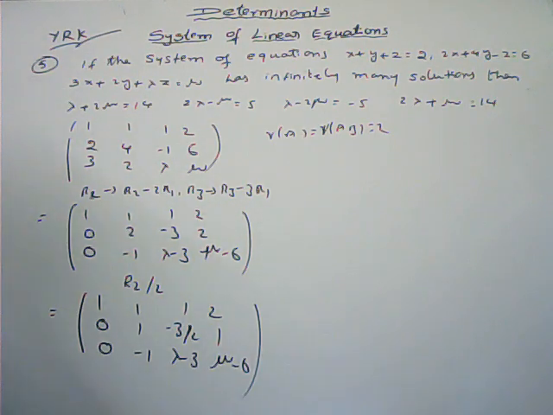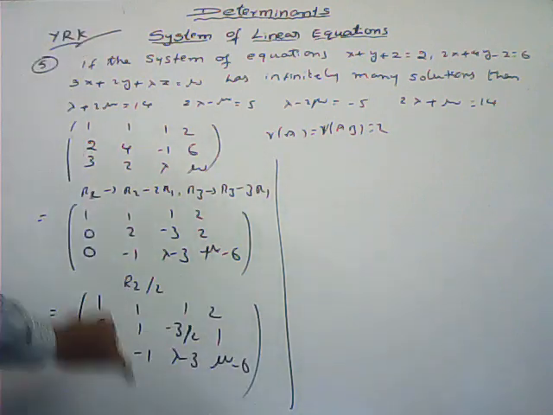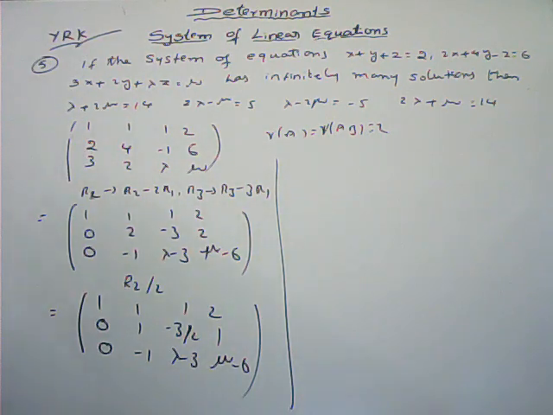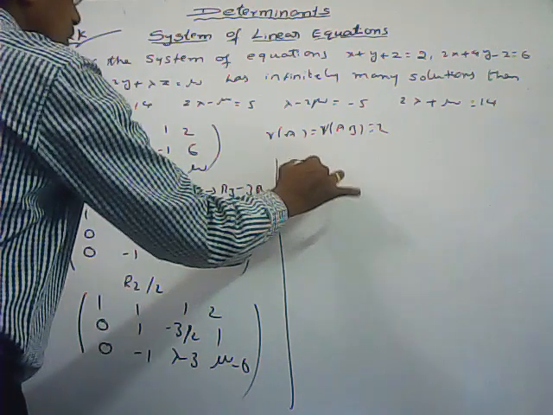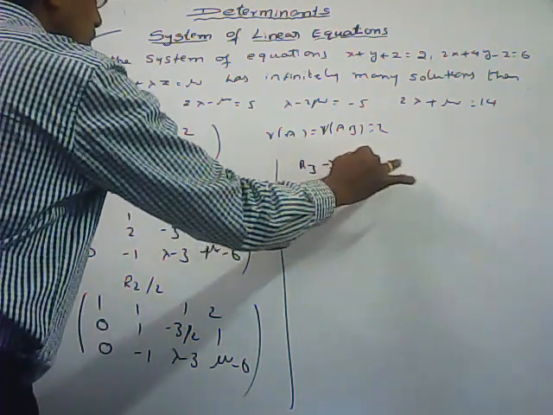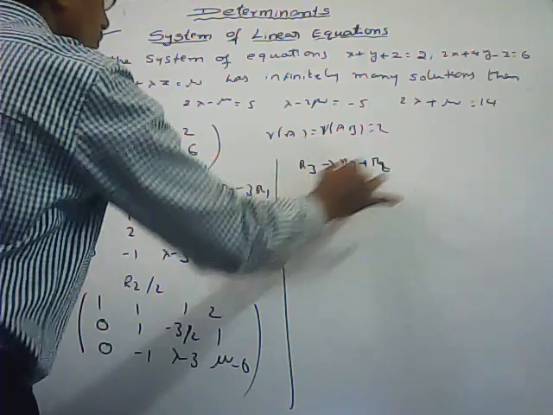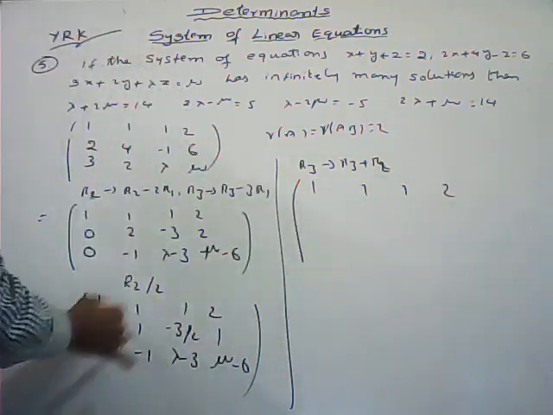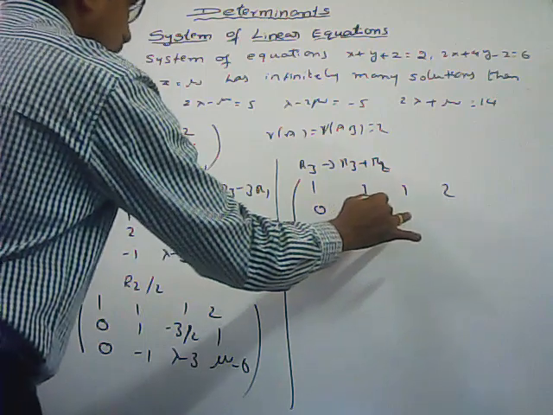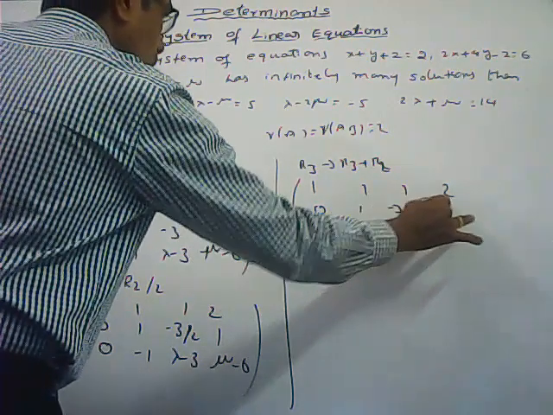Now easily we can do instead of doing that calculation. Here R3 tends to R3 plus R2. 1, 1, 1, 2, 0, 1, minus 3 by 2, 1.